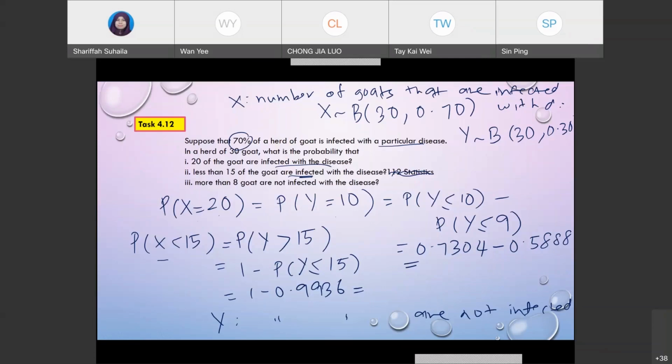That is your X. Y is the number of non-defective items. But normally in your exam or test, what I need is this: X is distributed as what? Y is distributed as what? For the random variable, if you don't want to get confused, just write what your X is and what your Y is.